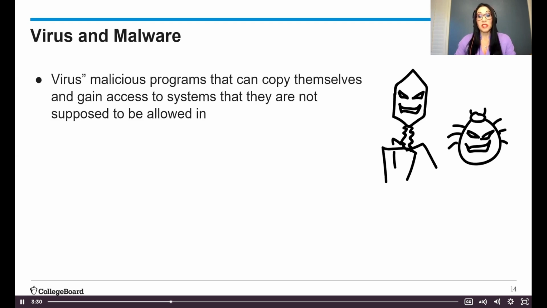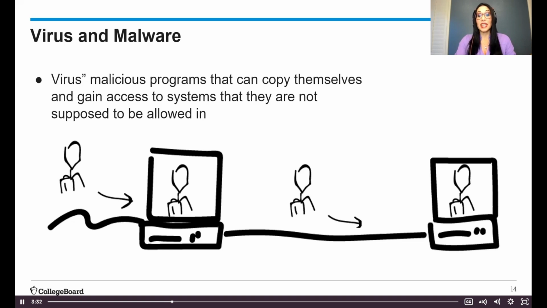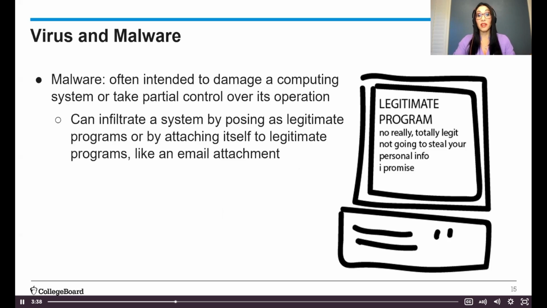Viruses are malicious programs that can copy themselves and gain access to systems that they're not supposed to be allowed in. Malware can sometimes act the same way, and it usually damages a system or takes partial control over the system's operation. Both types of software can infiltrate a system by posing as legitimate programs or by attaching themselves to a legitimate program like in an email attachment.